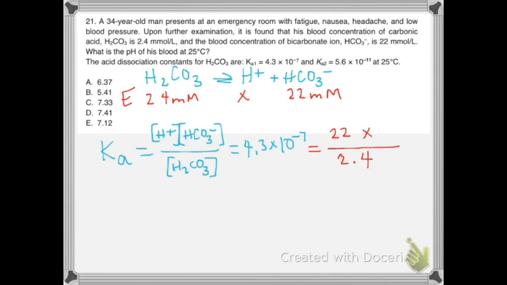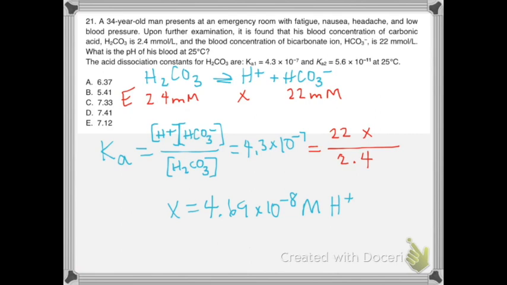So then we just do the algebra to solve for x. And when you do that, you get 4.69 times 10 to the minus 8 molar, and this is H plus.